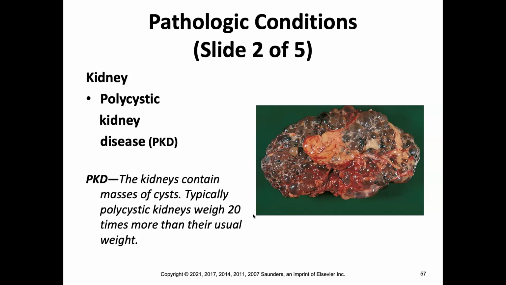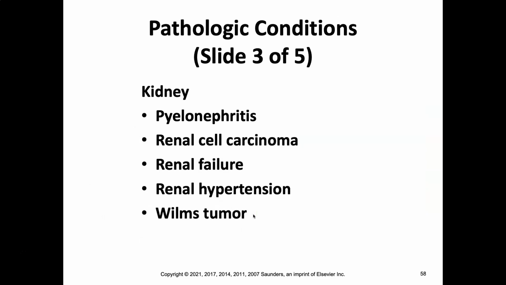With all these sacs of fluid, it's not going to function normally. And it says here that they weigh 20 times more than their usual weight. You can imagine the stress this is putting on the body. And you can imagine that this can cause your kidneys to not function, right? So it could be very serious.